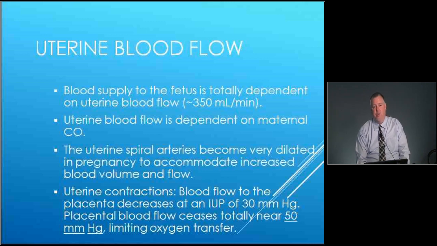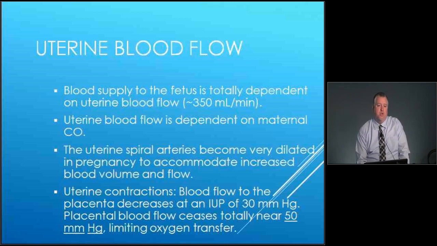So we have to have adequate cardiac output to adequately perfuse the intervillous space. We have to have that intervillous space for that uterine blood flow in order to adequately perfuse the baby. The uterine spiral arteries in normal pregnancy become very dilated, and they're able to accommodate that increase in blood flow and the increase in blood volume.